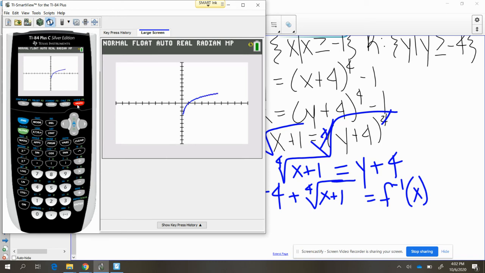And if we graph this one, the good news here is that we do not have to limit the restriction on this particular domain. But what we do notice is even though we don't have to make a restriction, the domain is only going to allow us to have all of the x values that are greater than 0.